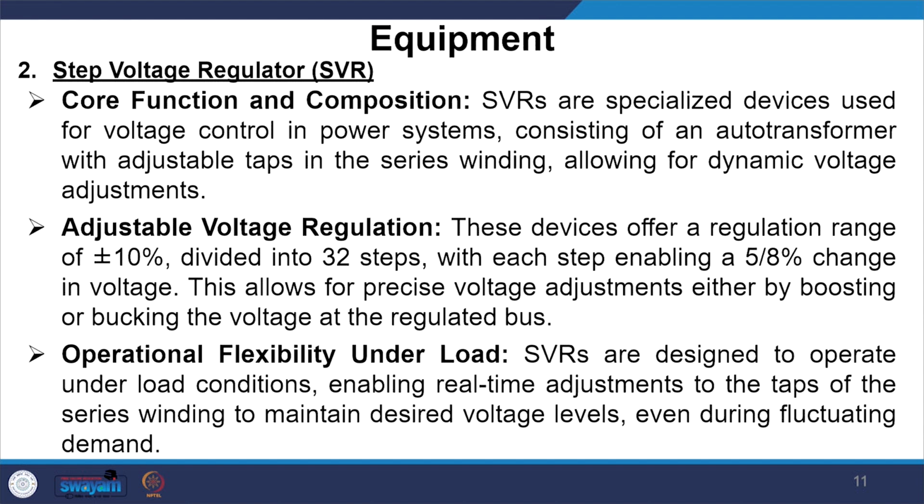And this allows for precise voltage adjustment either by boosting or bucking the voltage at the regulated bus. SVRs are designed to operate under load conditions, enabling real-time adjustment to the taps of the series winding to maintain desired voltage levels even during fluctuating demands.